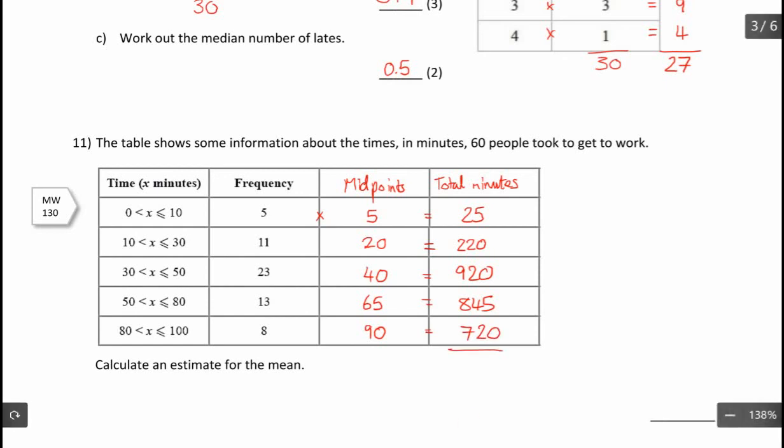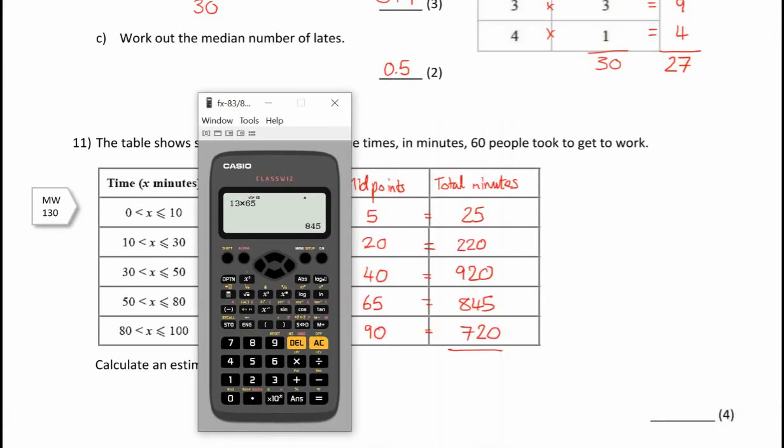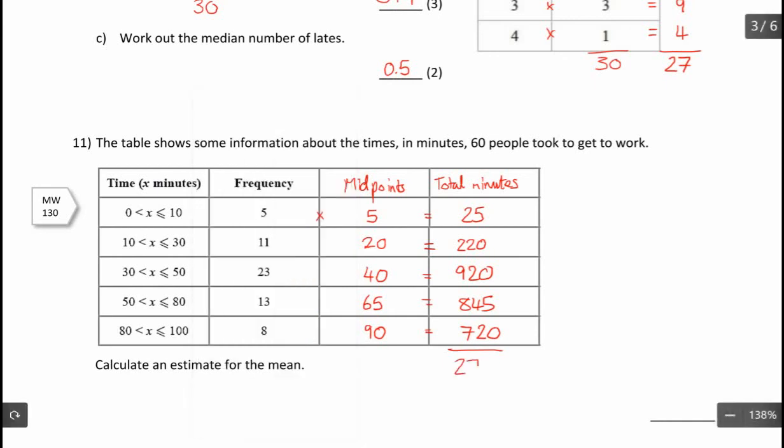So the total amount of time taken to get to work, we need to add these up. So we'll start at the beginning, 25 plus 220 plus 920 plus 845 plus 720, and that gives me 2,730.